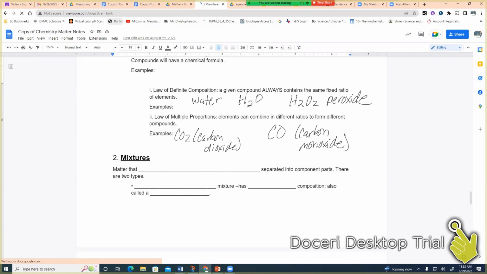So we're going to talk about mixtures. A mixture is matter that can be physically separated into its component parts. So if I had a bag of M&Ms, that would be a heterogeneous mixture, and I could divide them into all their colors. There are two types. The first one is homogeneous.